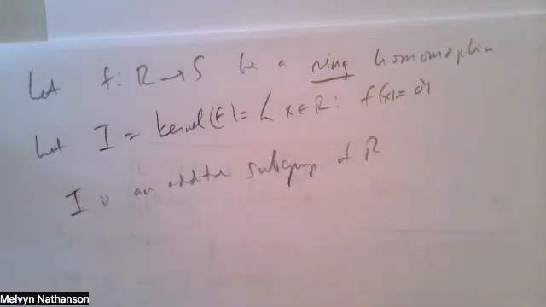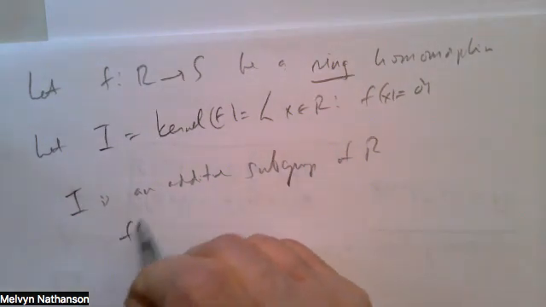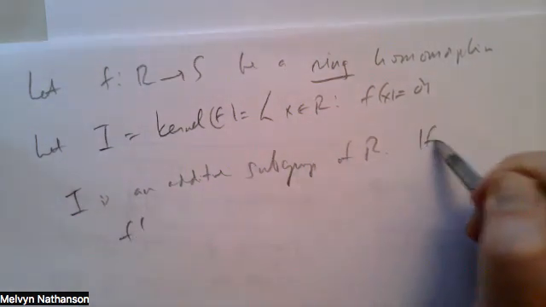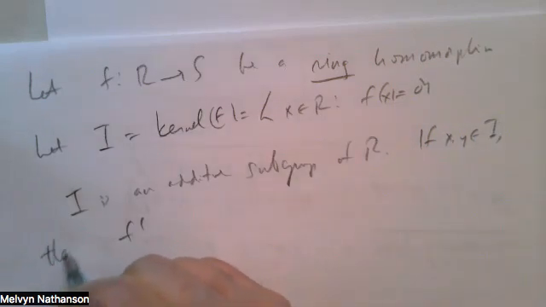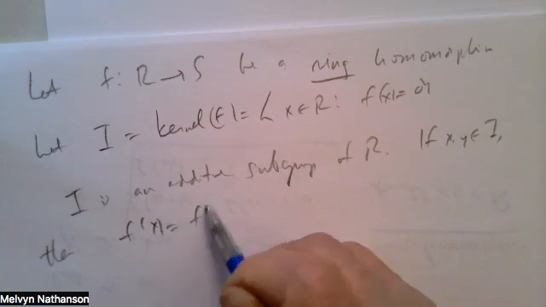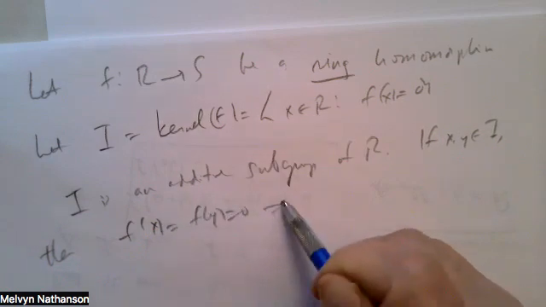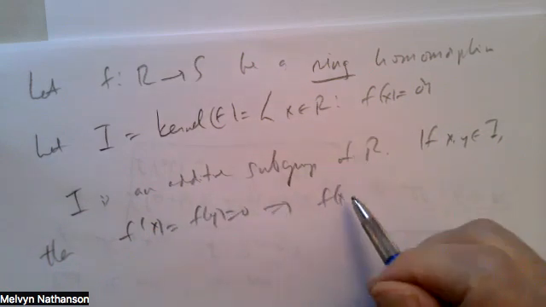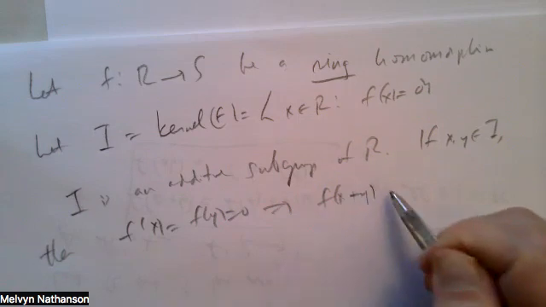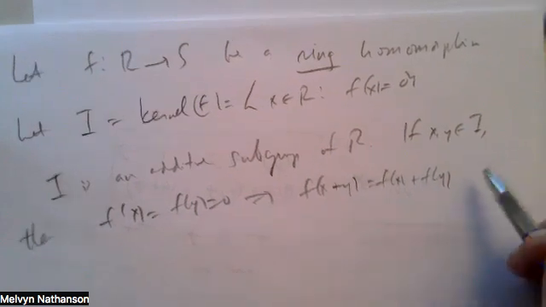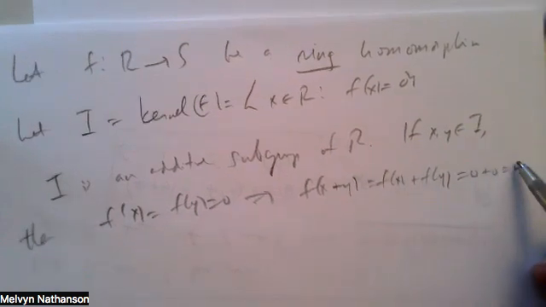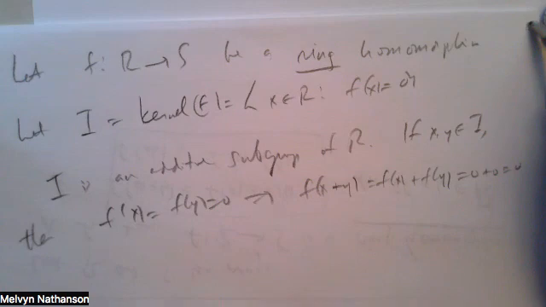That is, if x and y are in I, then f of x and f of y are both 0. So f of x plus y, which is f of x plus f of y, is 0 plus 0, which is 0.